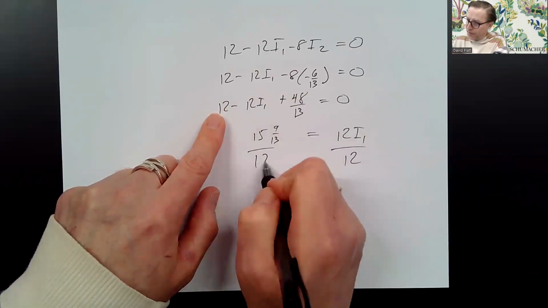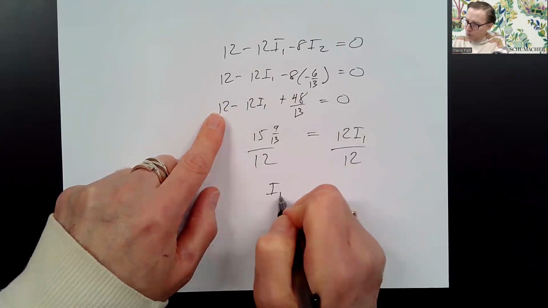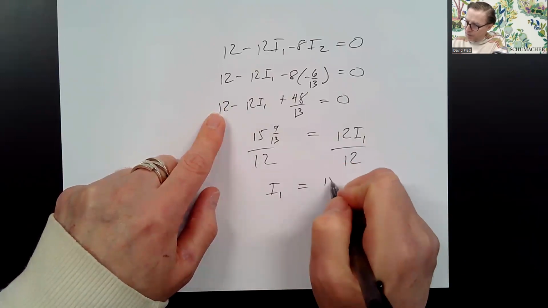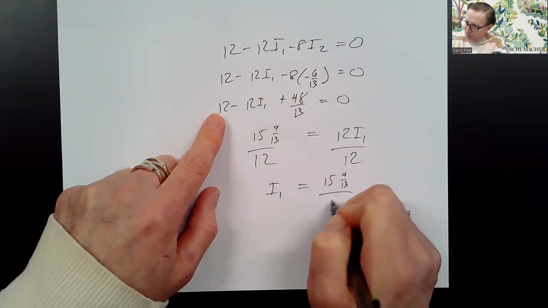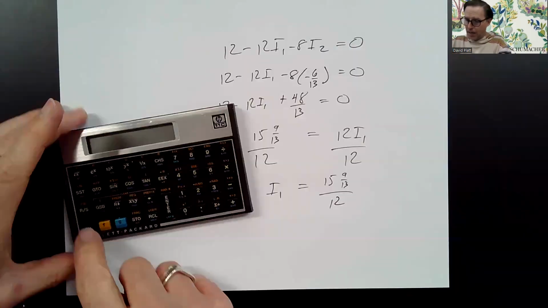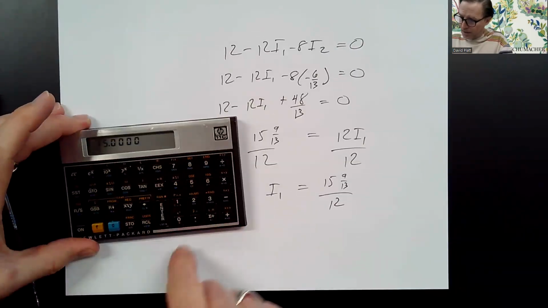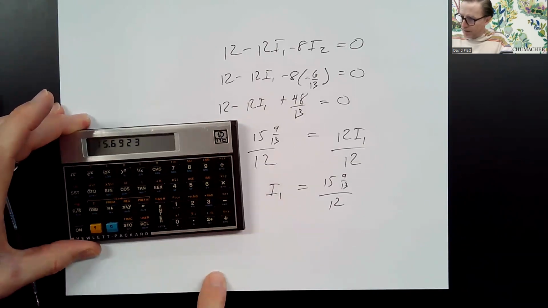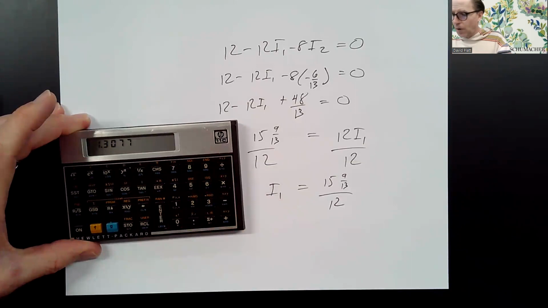And then I'm going to divide both sides by 12. And I get I1 equals 15 and 9/13 divided by 12. Goodness gracious. 15 and 9/13 divided by 12 is 1.3.